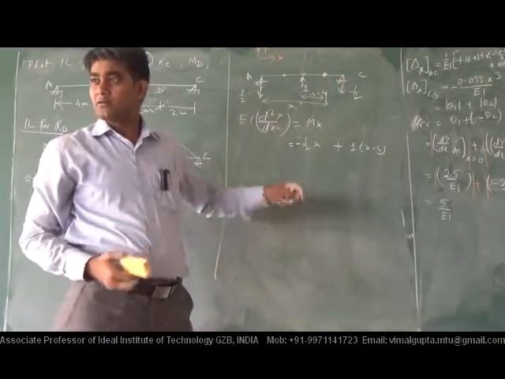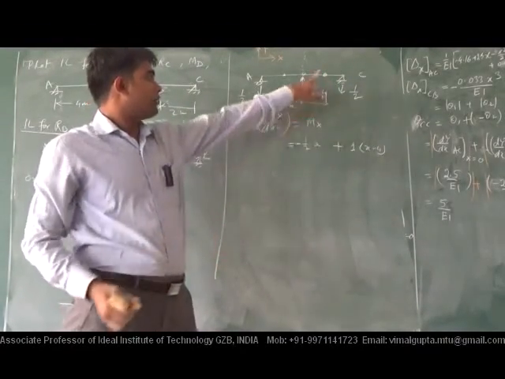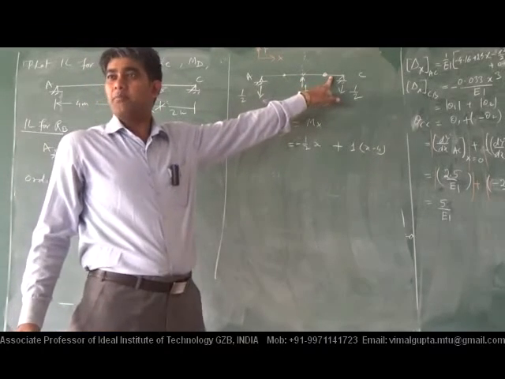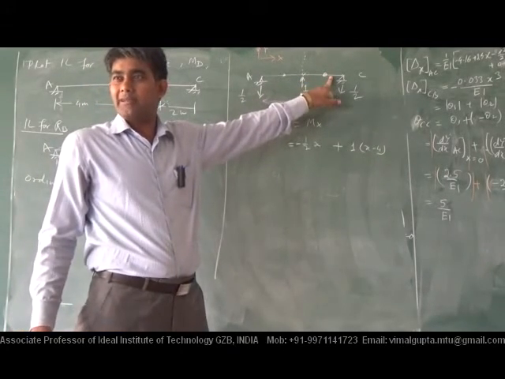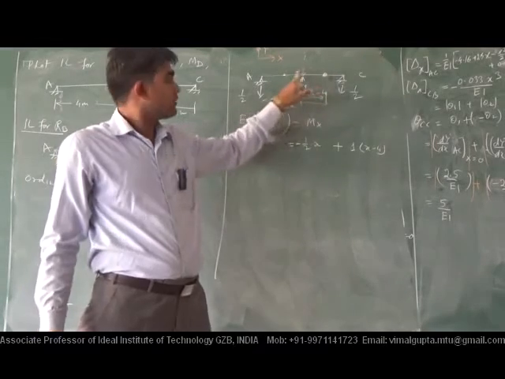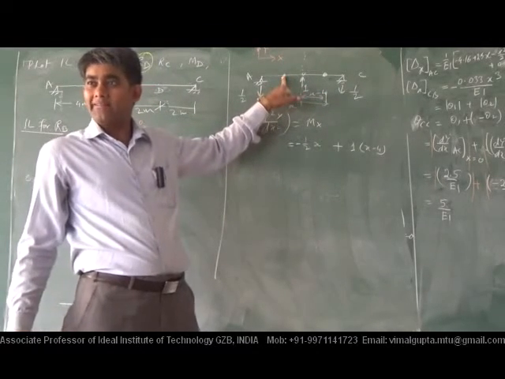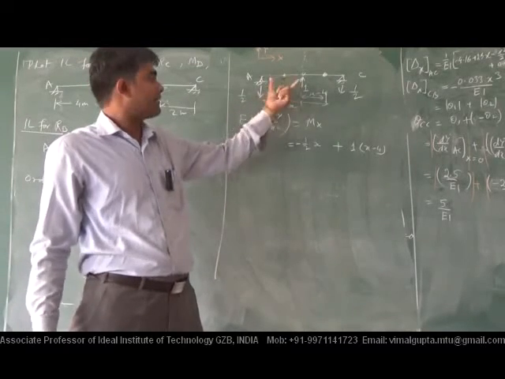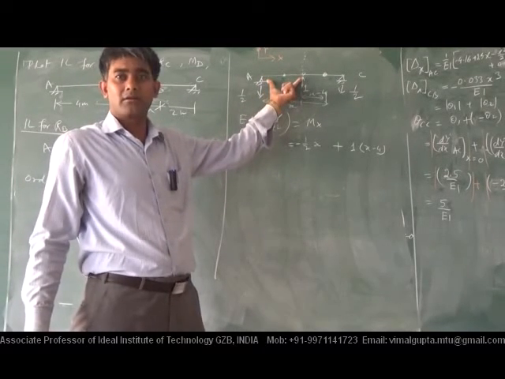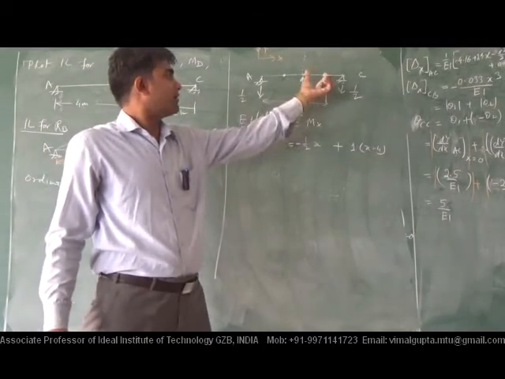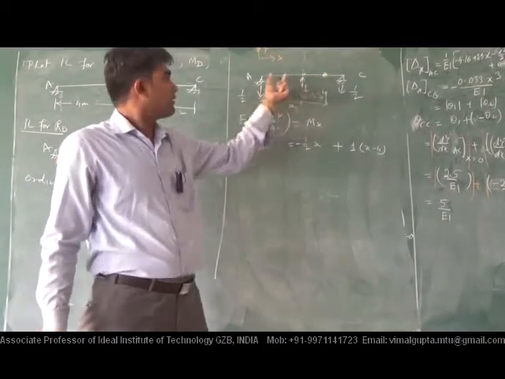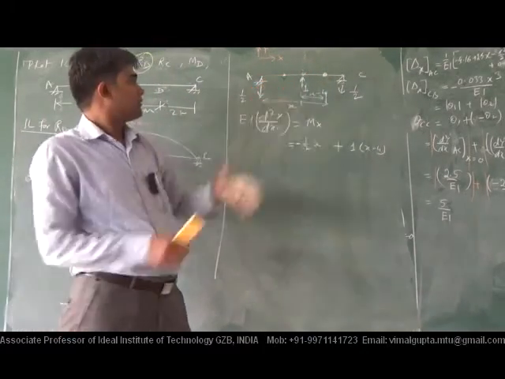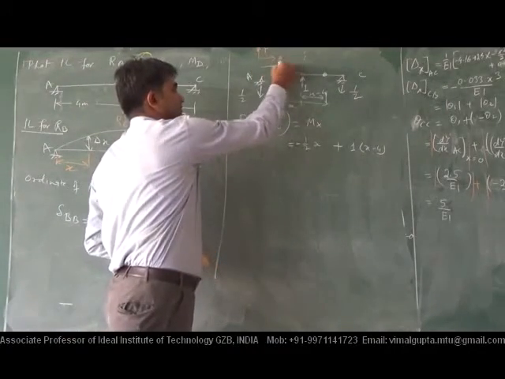How it is written, you have to consider two different points who have the same origin. This is a far segment, this one segment, and the moment at that point will also be taken as x.